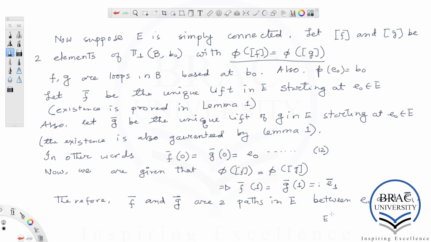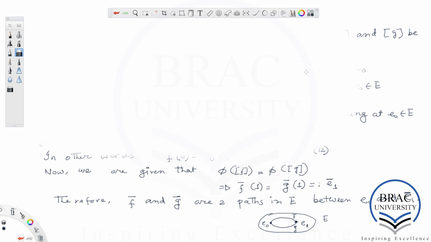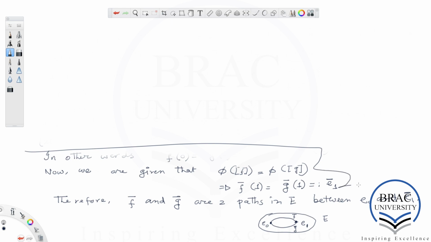So this is our topological space E. So F bar and G bar are two paths which start at the same point E0 and end at the point E1, okay? Okay, good.